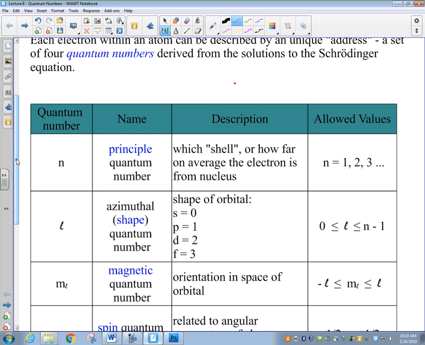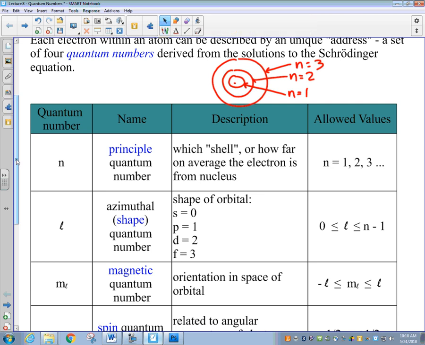We've seen this from our Bohr model atom discussions as an equivalent of the shell of electrons, where the lowest energy shell would be referred to as n equals 1, the shell closest to the nucleus. And then as we move to subsequent shells further to the outside, we end up with values that increase in number from n equals 1 to n equals 2 to n equals 3.